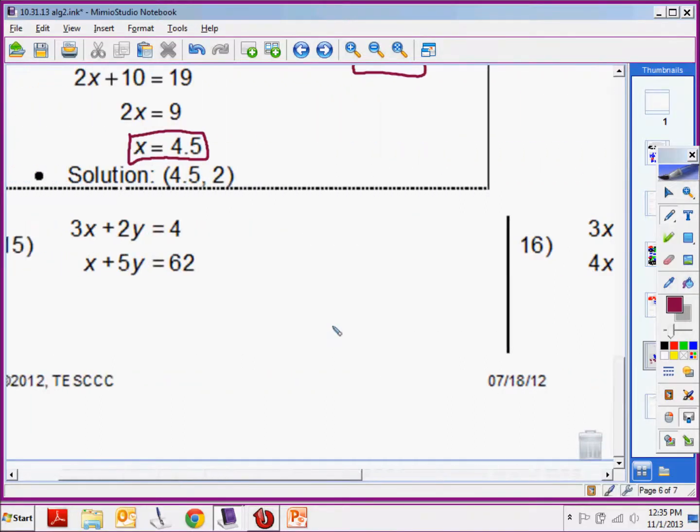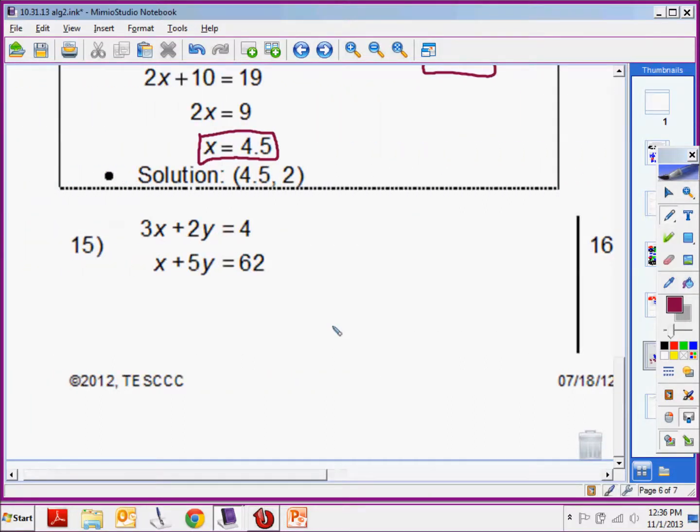Okay? So 15, which one should I manipulate? Or should I manipulate both? You should just do the bottom one times negative 3. There you go. What kind of 3? Negative, because I already have a positive. So I'm going to manipulate only the bottom, and this one's going to stay the same.